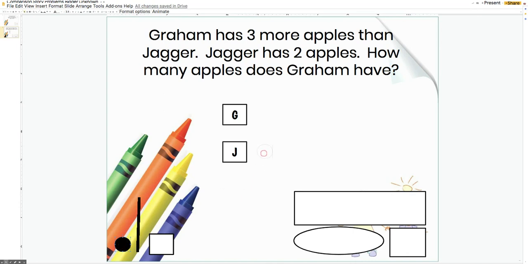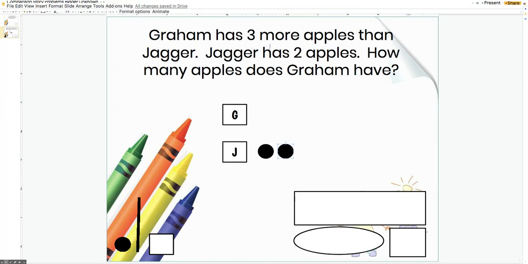So I'm going to come get our dots here and let's represent the 2 apples that Jagger has. So Jagger has 2 apples. Now can we figure out how many Graham has? How would we do that? Well, I'm going to go back and reread.